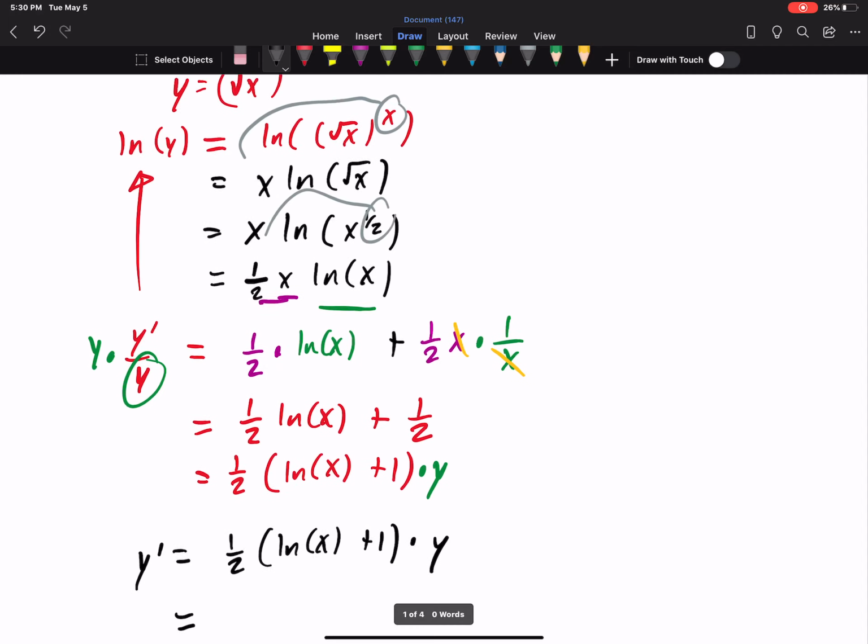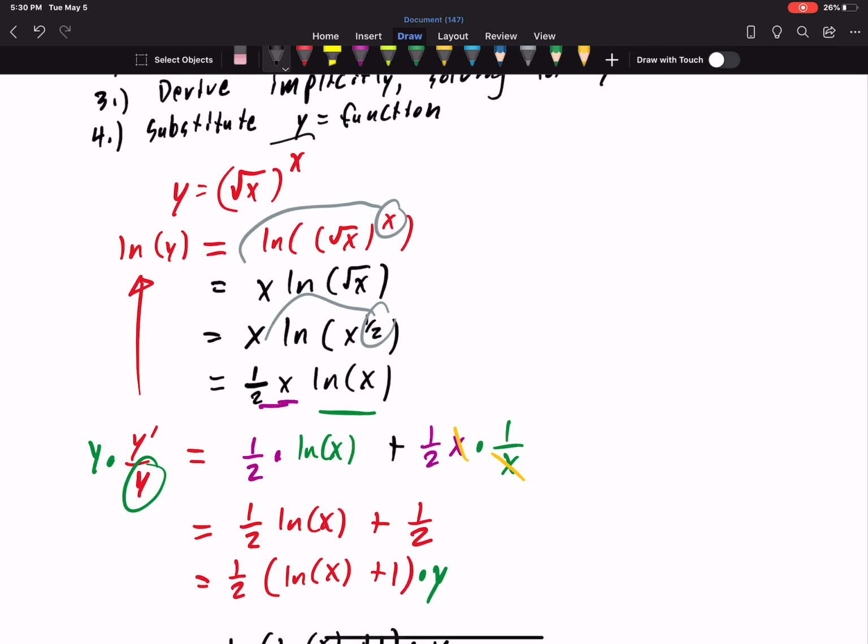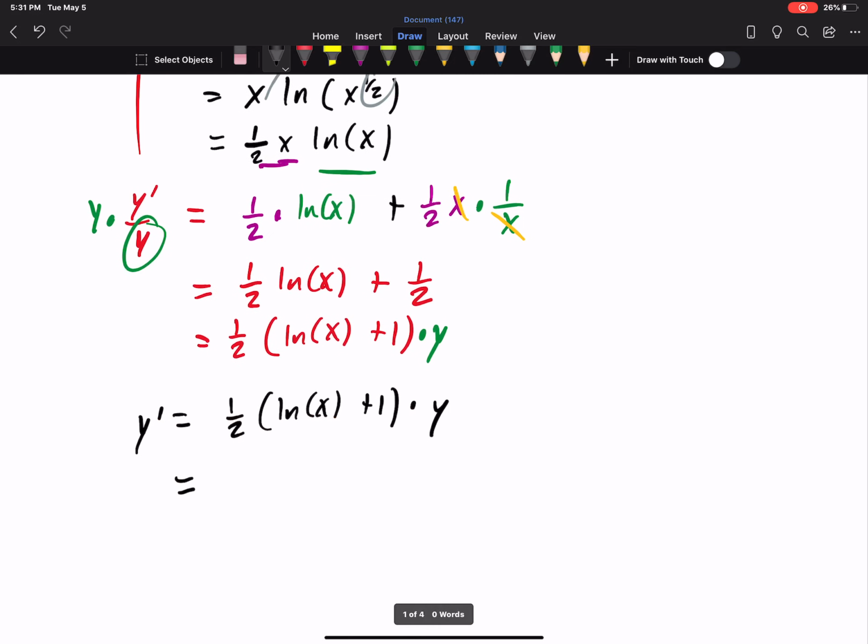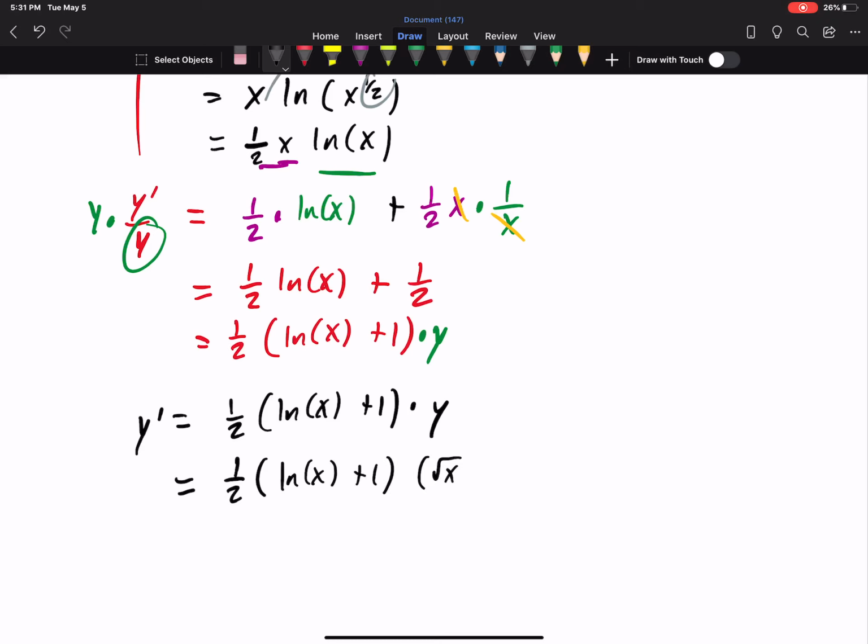Well, we know our y is equal to square root of x to the x power. So every place we see a y, down below, we're going to replace it with our original function. So we have 1/2 natural log of x plus 1 times square root of x to the x power. There are no more y's on the right-hand side, and we have y prime by itself. That's exactly what we were after. So that's it. Final answer. Done.